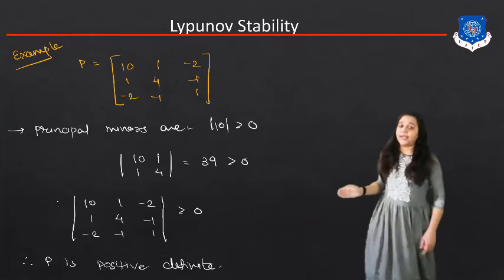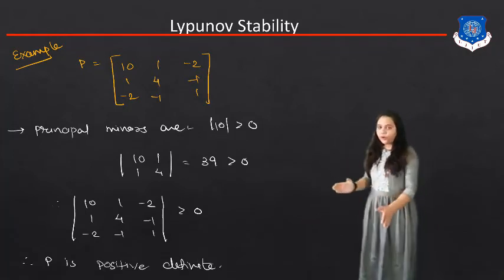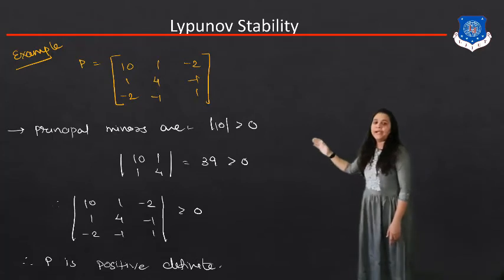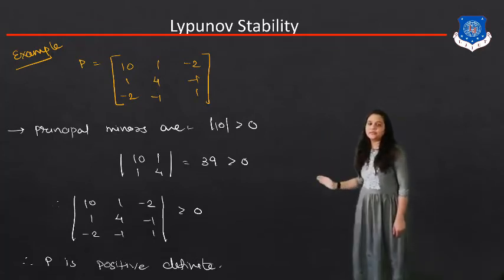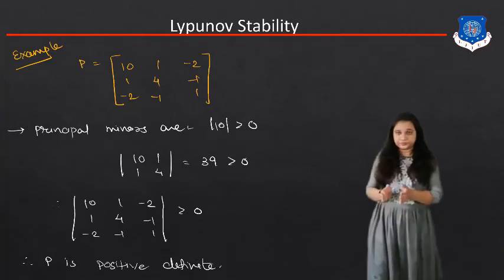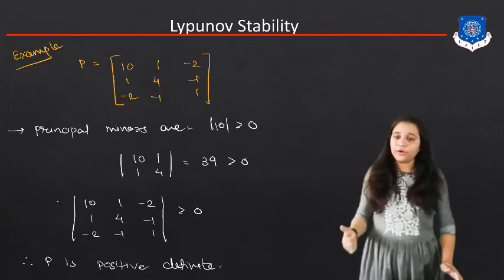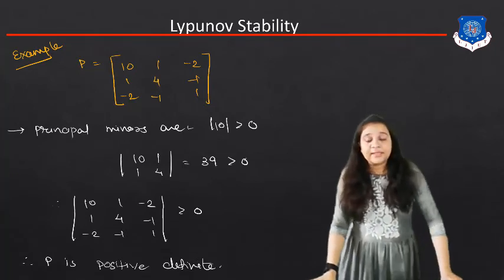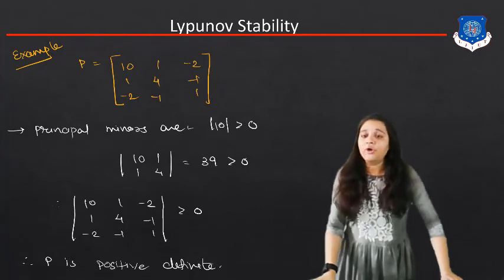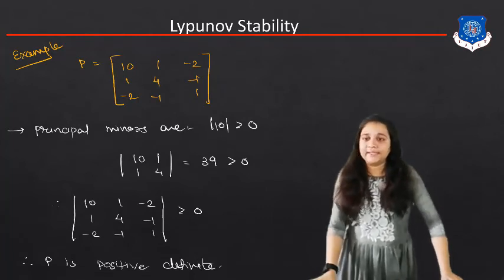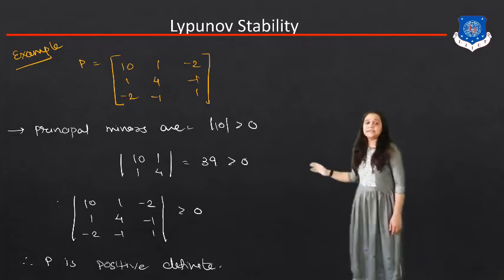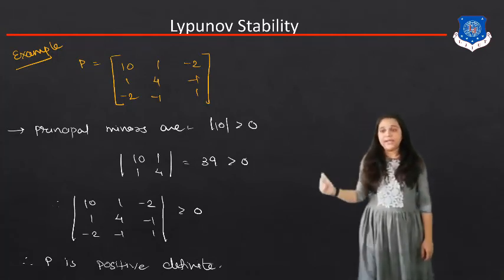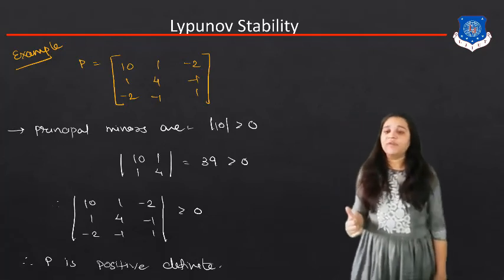And then we take the 3 cross 3 matrix, so mode of 10, 1, minus 2, 1, 4, minus 1, minus 2, minus 1, 1. We simplify this determinant and check whether the answer is greater than 0, equal to 0 or less than 0. If we solve this, we get the answer greater than 0. So P is known as positive definite.